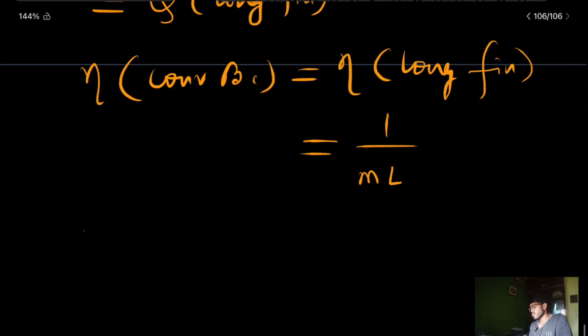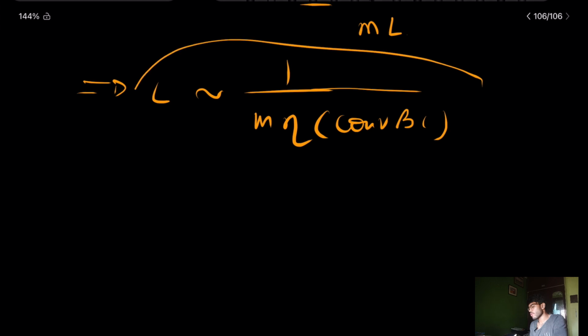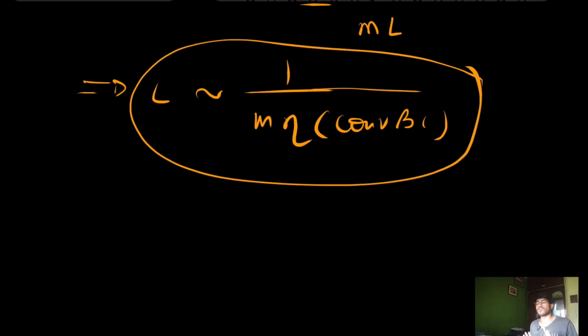Right? So if your L is of the order of what? L is of the order of 1 by M into eta of convective boundary condition. If L is of the order of this, then you can consider your L to be sufficiently long.